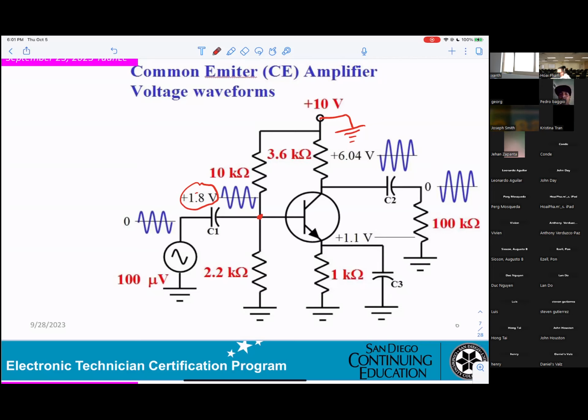How many volts here? DC. We're talking about DC. VC. They already calculated for you in here.